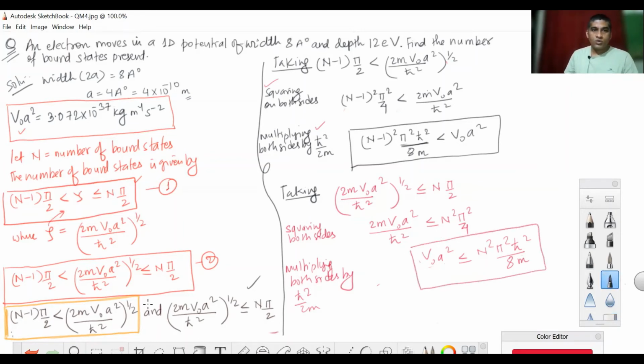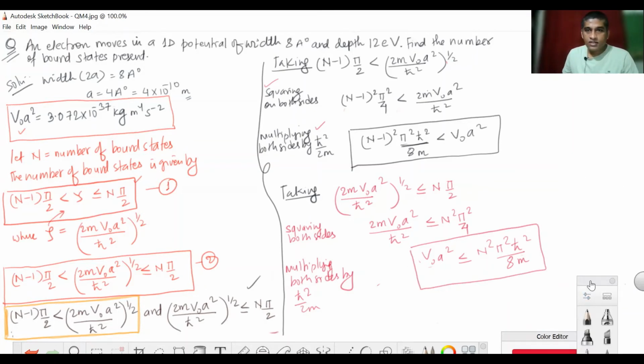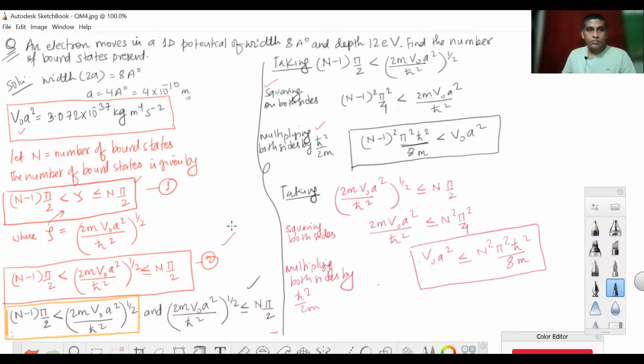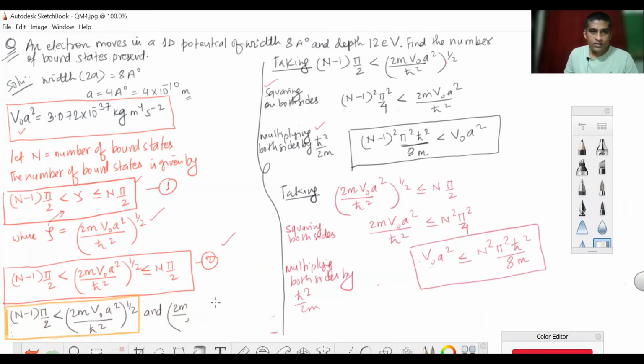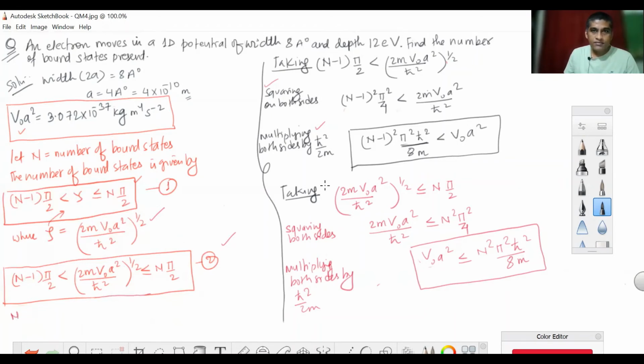Clear? So we can write relation 2, on putting the value of gamma and simplifying, in this way: (n minus 1) whole square pi square h bar square by 8m is less than V naught a square is less than or equal to n square pi square h bar square by 8m.